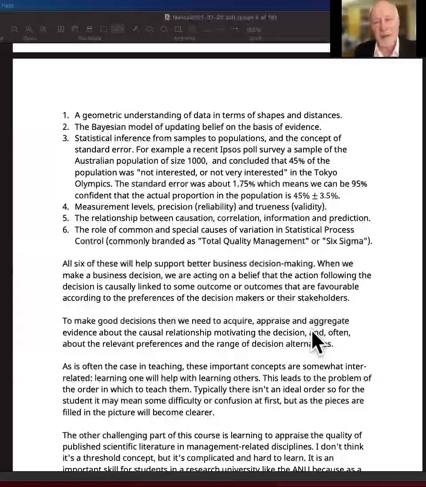So the first one is a geometric understanding of data in terms of shapes and distances. So people who are data analysts, who are statisticians, who work all the time with data, they develop this way of seeing and thinking about data. It's kind of in spatial terms.